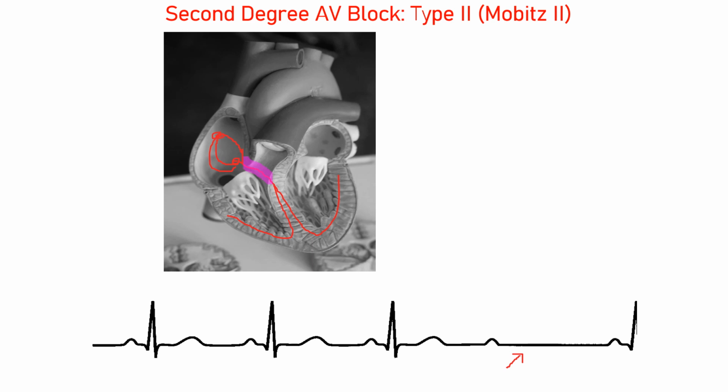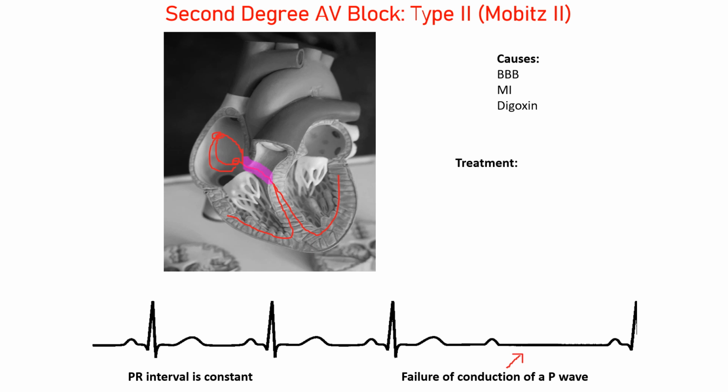ECG shows PR interval which is constant, but there is abrupt failure of conduction of P wave, meaning there is failure of conduction from atria to ventricle leading to missing QRS complex. Causes are bundle branch block, myocardial infarction, digoxin. Treatment is transcutaneous pacing. Long-term treatment is internal pacemaker.